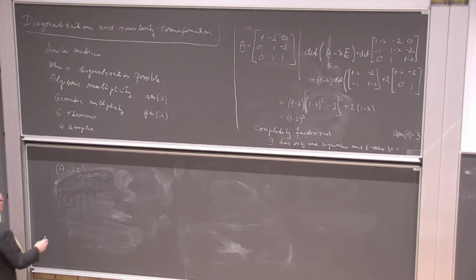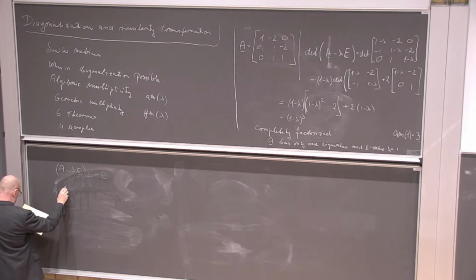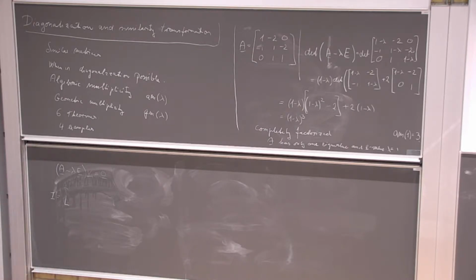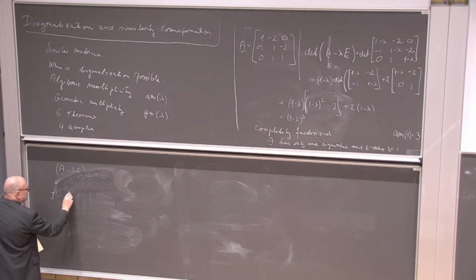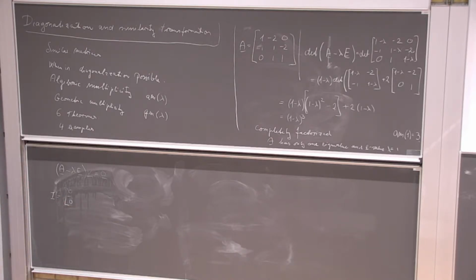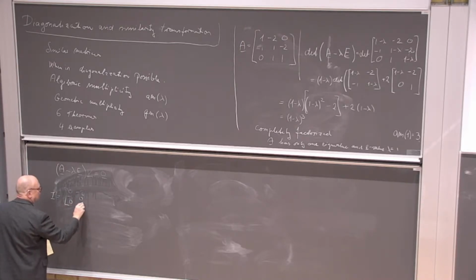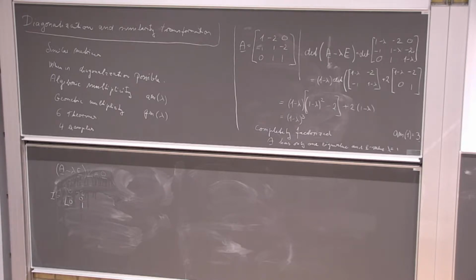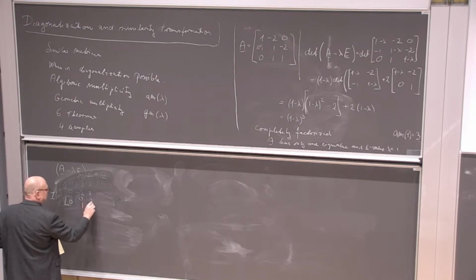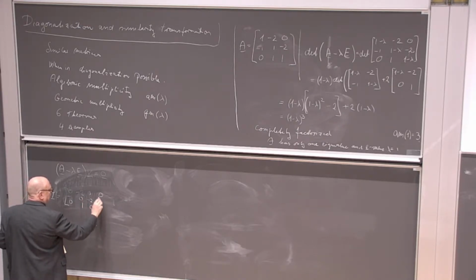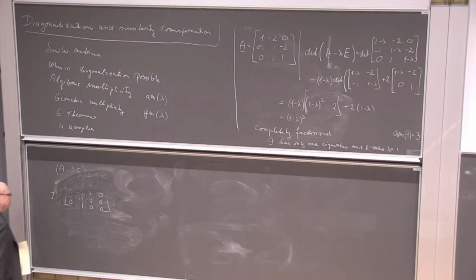So if I write down the augmented matrix, with lambda equal to 1, I get 0, minus 1, 0 for the first column, and then I get minus 2, 0, 1 for the second column, and then I get 0, minus 2, 0, and then for the right-hand side I get zeros. So this is the augmented matrix.